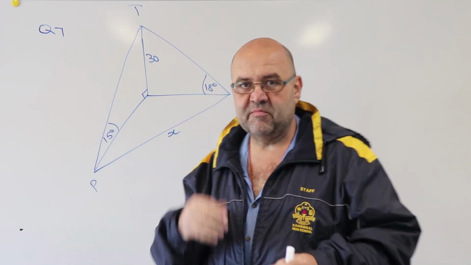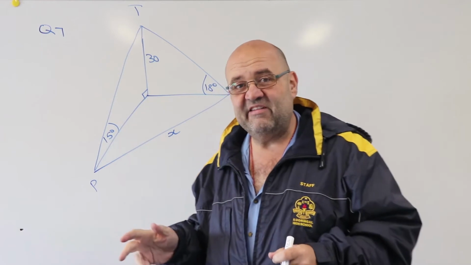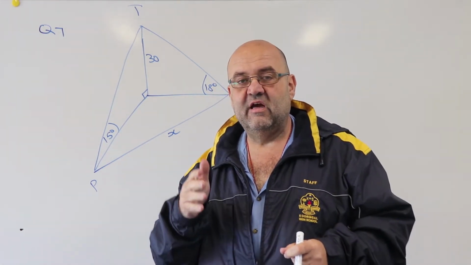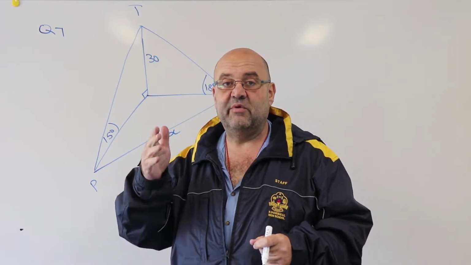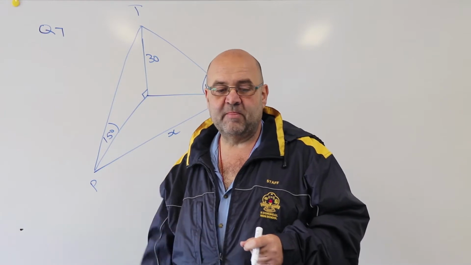Okay, don't panic. So I'm going to look at questions 7 and 8. We're going to start by looking at question 7 from exercise 5C of the Cambridge Year 11 Advanced Mathematics textbook.